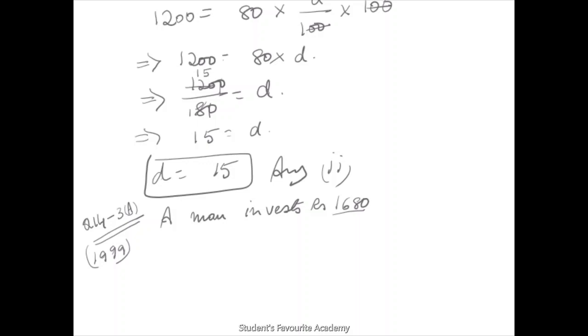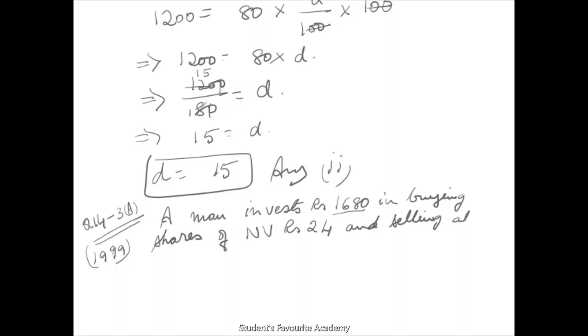So this is the investment, 1680 in buying shares of nominal value rupees 24 and selling at 12% premium. So you know the nominal value, 12% premium means you will get the market value by adding 12% of 24 to 24, isn't it?